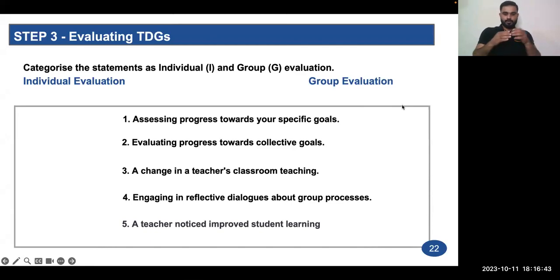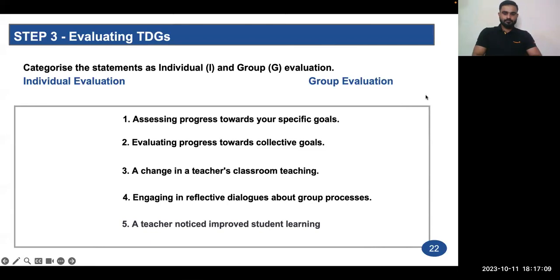Okay, great. Fourth one is group. Some can be individual as well, group. Wow, thank you. Finally, a teacher noticed improved student learning. Yeah.